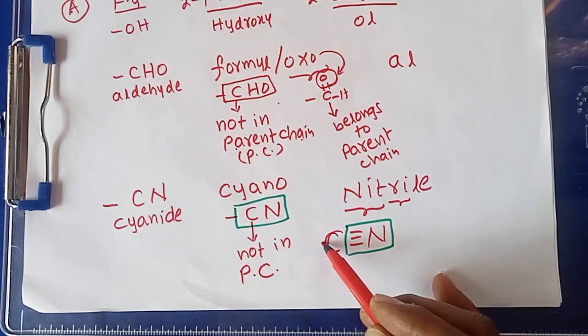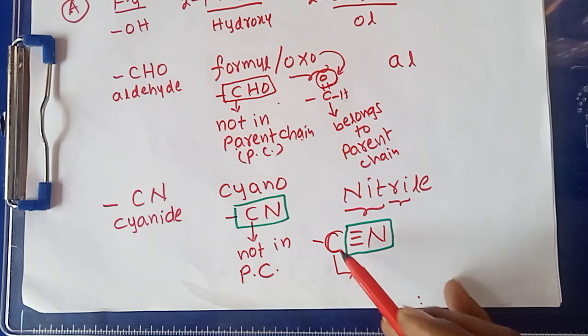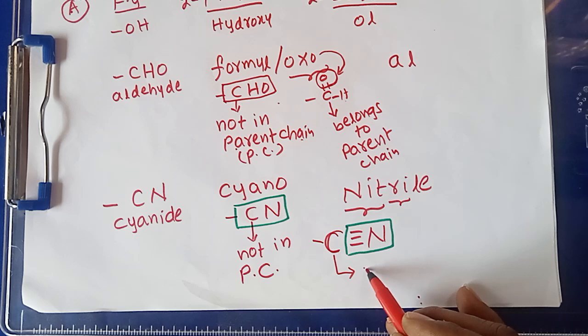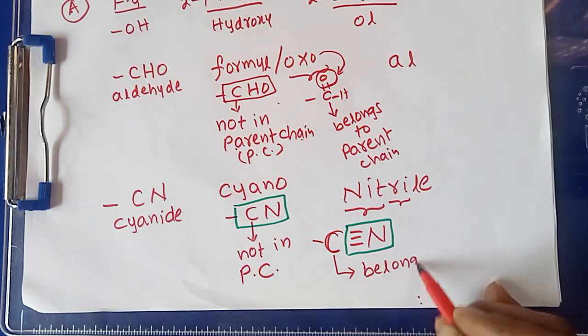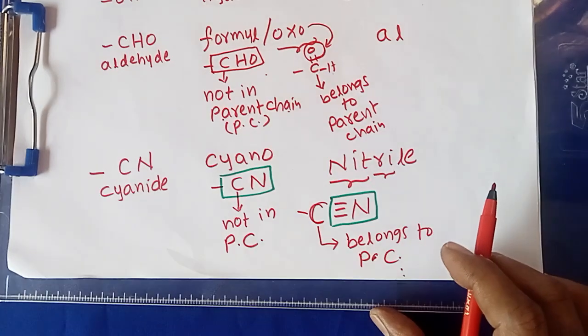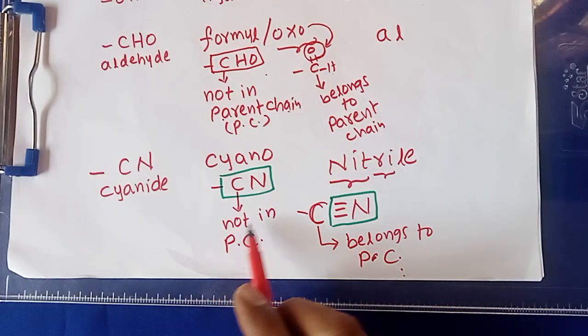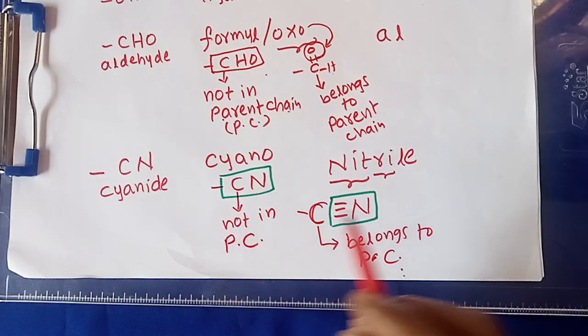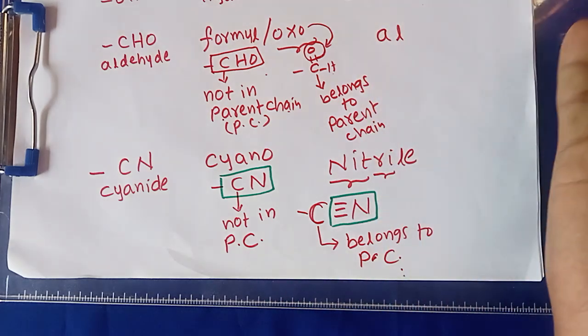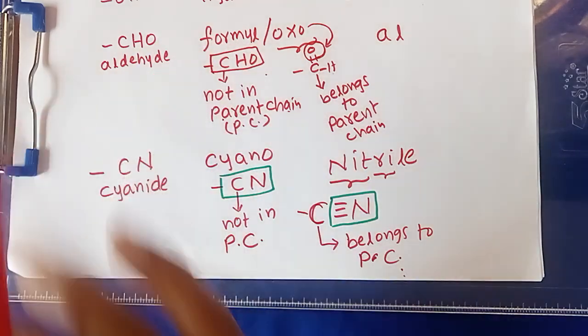Carbon is not covered in its name, which means it is in the parent chain. This carbon belongs to the parent chain, PC. But here this carbon is not in the parent chain. This is the main important difference. Secondary suffix means after the root word. Secondary prefix means before the root word.